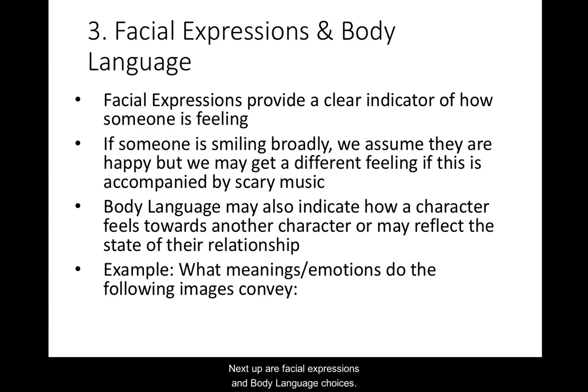Next up are facial expressions and body language choices. Facial expressions provide a clear indicator of how someone is feeling. If someone is smiling broadly, we assume they are happy. Body language can also convey how a character feels towards another character. All of these are ways that a director and an actor can work together to give you visual information about the scene.